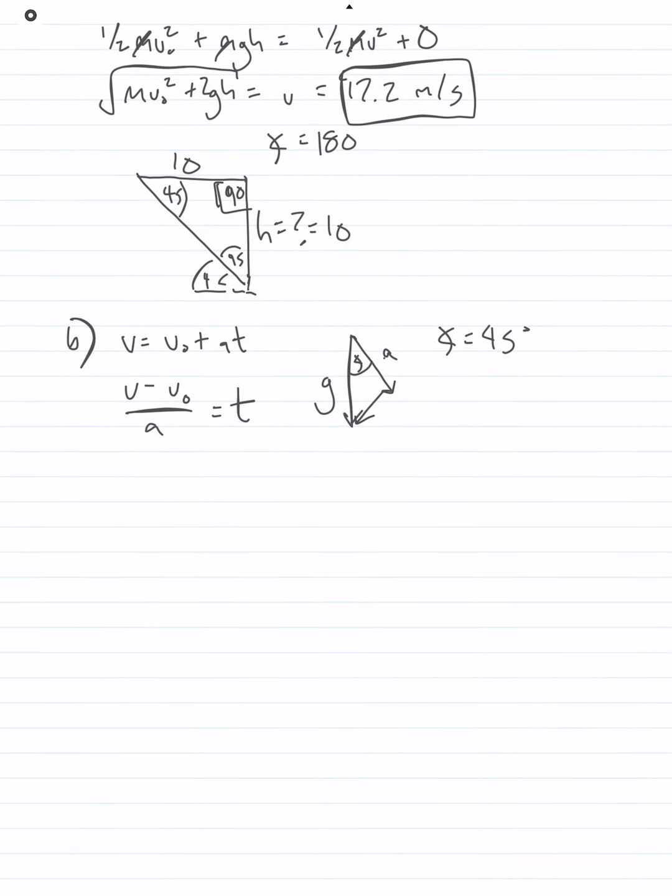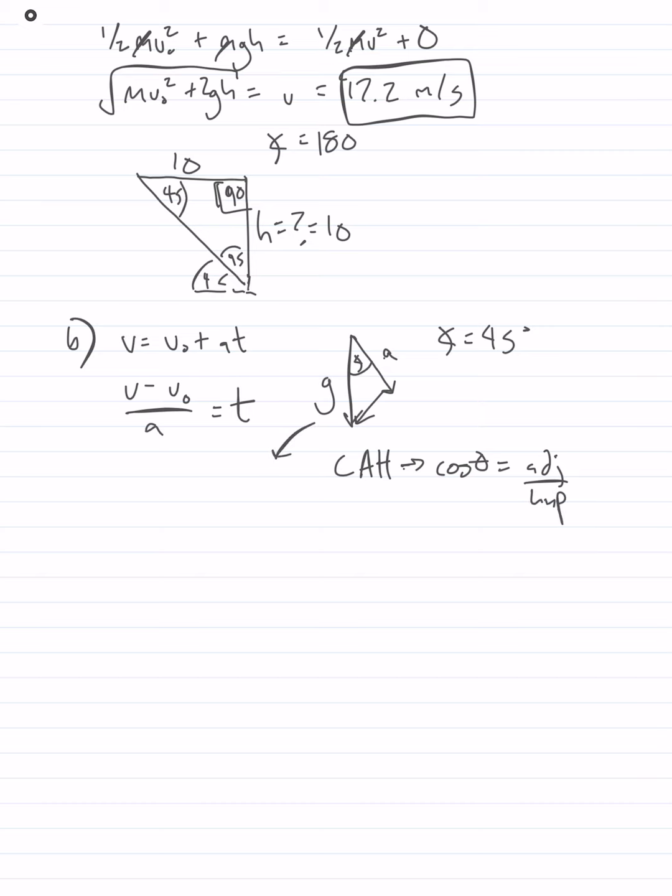So if we do some simple trigonometry, we can see that if we do CAH in SOHCAHTOA, which is equivalent to cosine of theta, is equal to adjacent over hypotenuse.